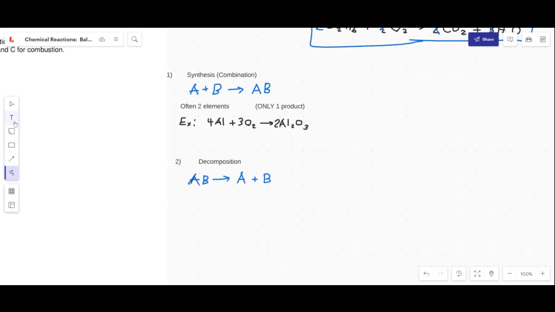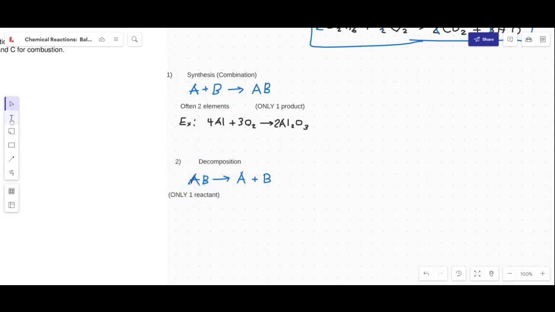And this is actually one of the easiest ones to recognize what type of reaction it is, because in a decomposition reaction, there's always only one reactant. Whenever you're asked to predict the product of something where there's only one reactant, you know this is going to be decomposition.